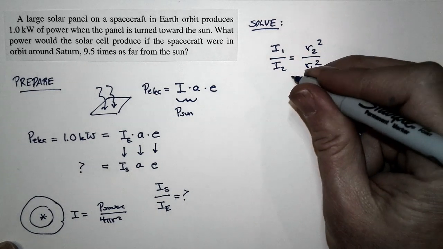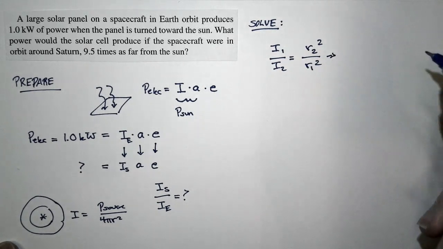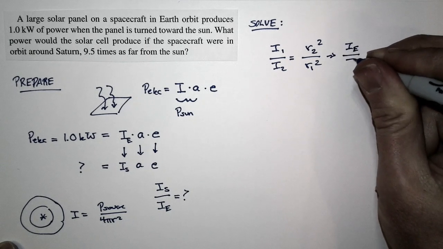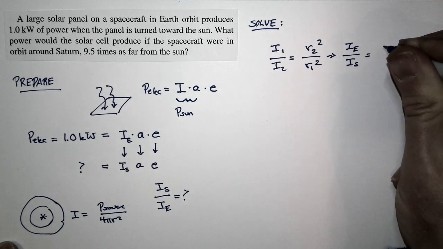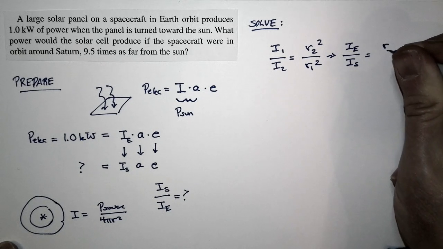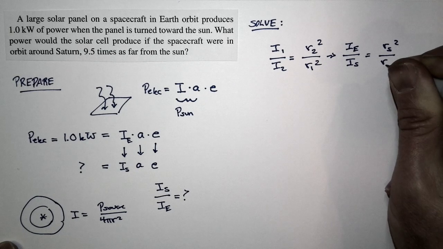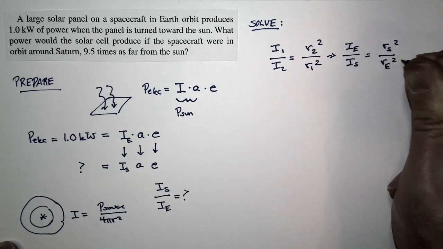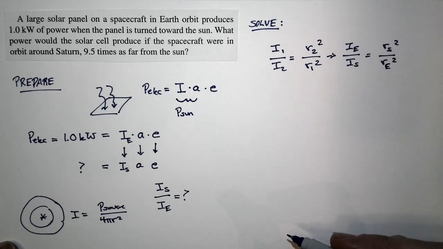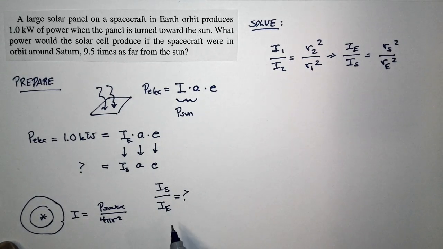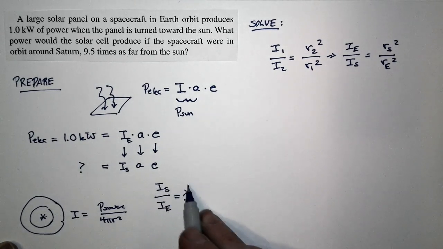Let's turn it into Earth and Saturn. The intensity at the Earth divided by the intensity at Saturn is equal to the distance from the Sun to Saturn squared divided by the distance from the Sun to the Earth squared.